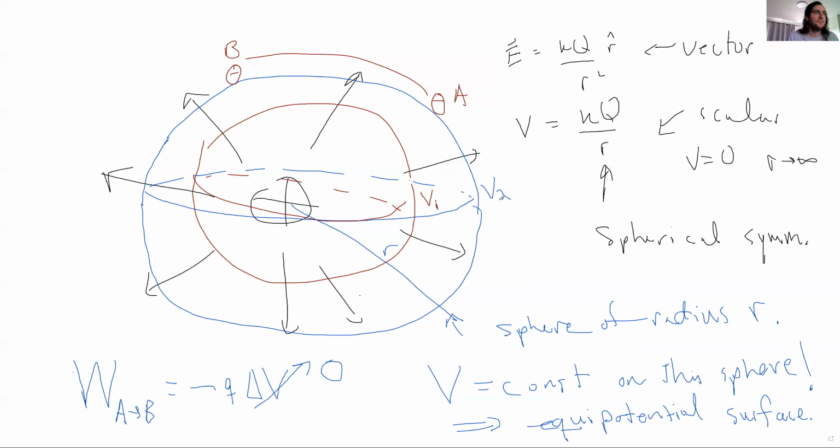Now, the nice thing about equipotential surfaces is that the electric field has to be normal to the surface. Okay? So let's see that here in our point charge example. Our surfaces define spheres of constant radius r.